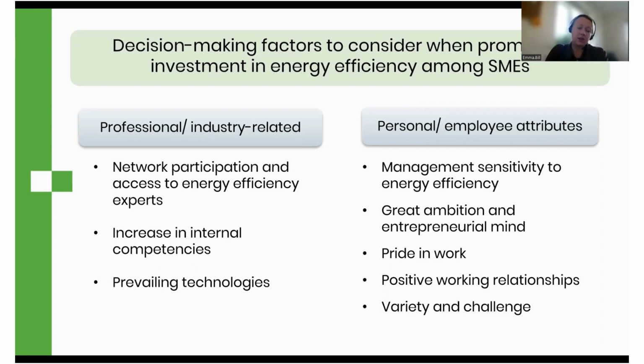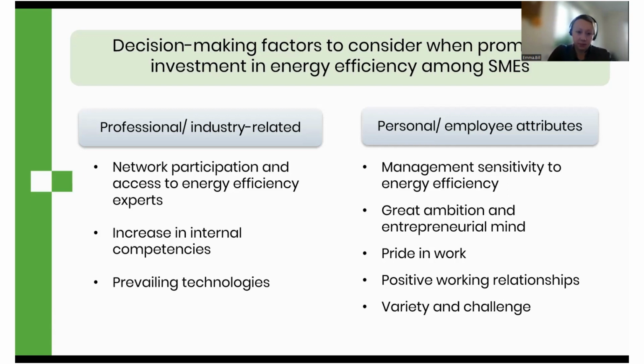Just starting on the professional decision making factors here, what came across quite strongly was that sharing information, contacts and learnings through professional networks and memberships is quite an effective solution. And this can be done across sectors and across geographies.